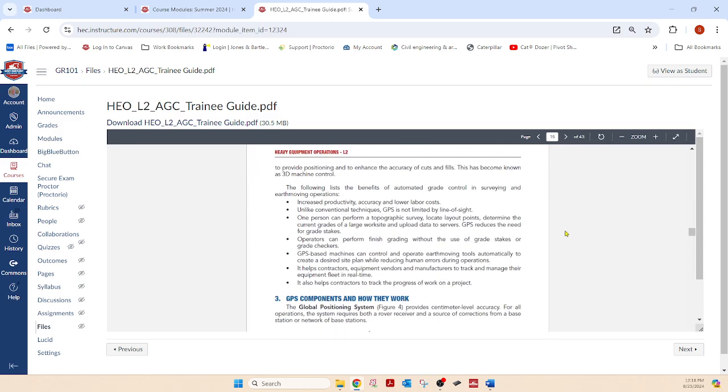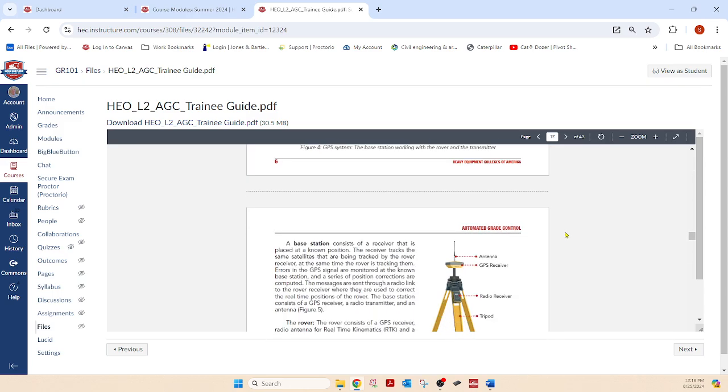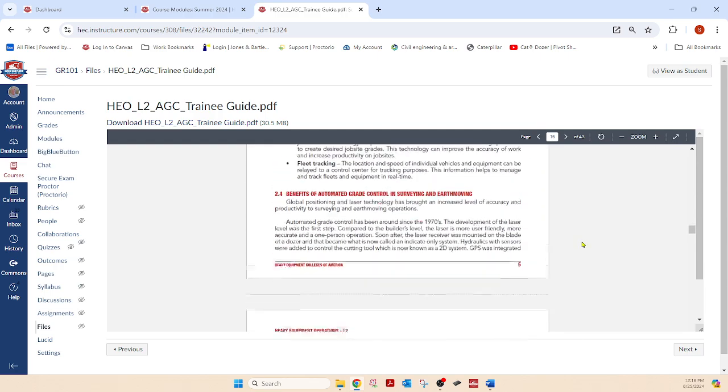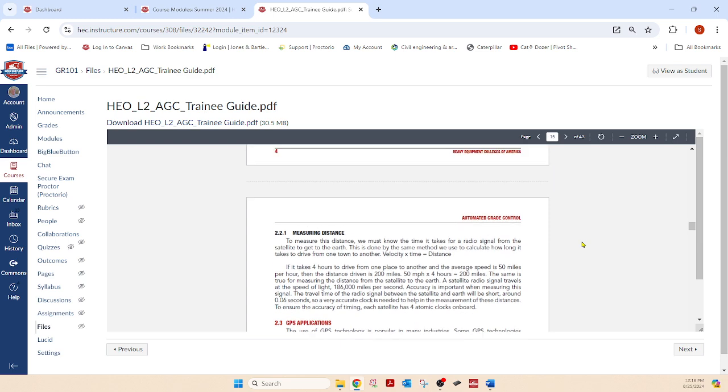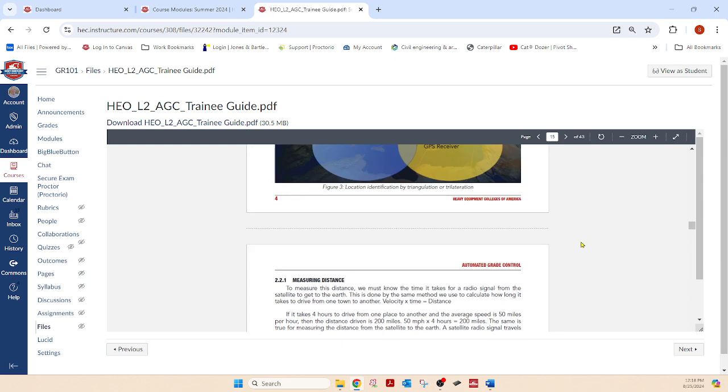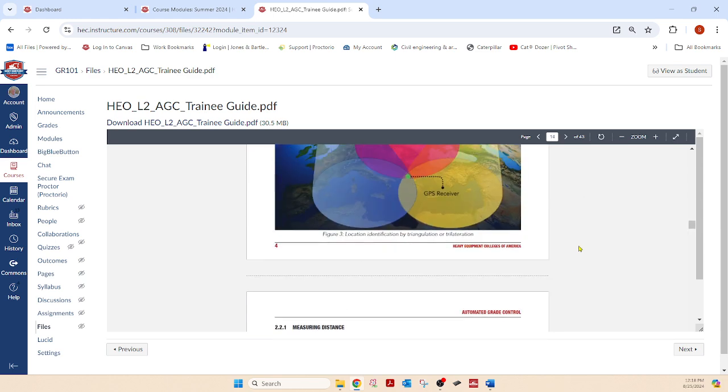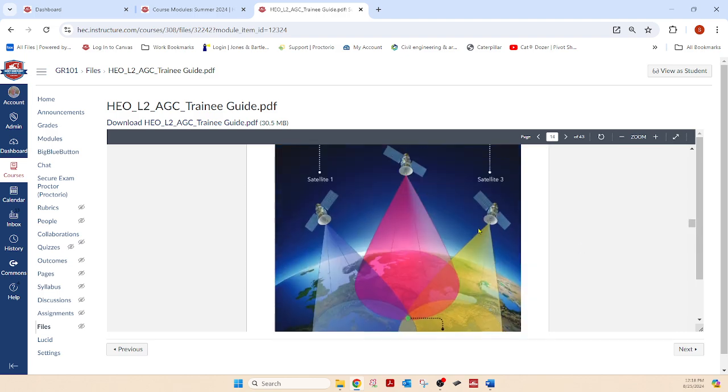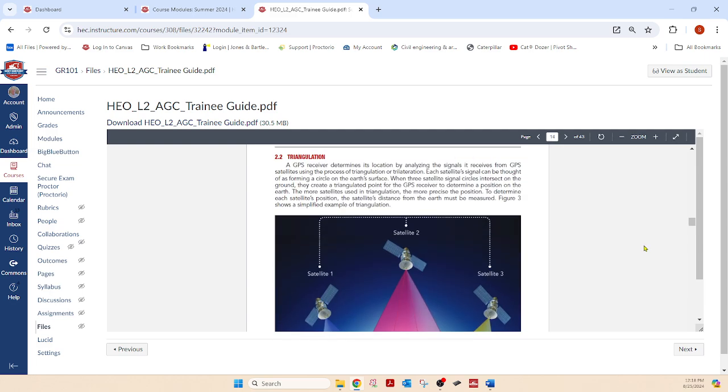I'll bet that's on like page, where are we here? Where did it go? Sorry about that. That's on page 3, because we just left page 4. But page 4 is showing a visual of triangulation there.